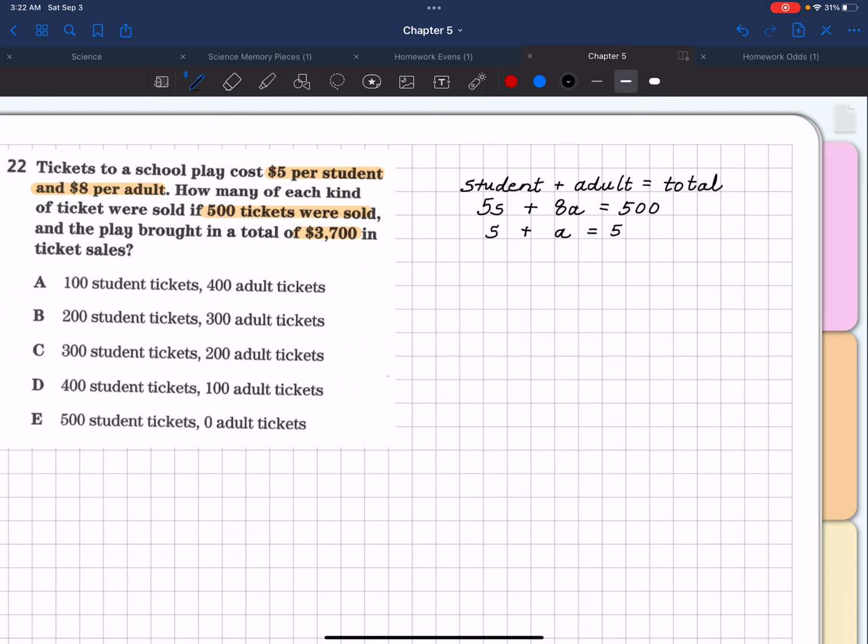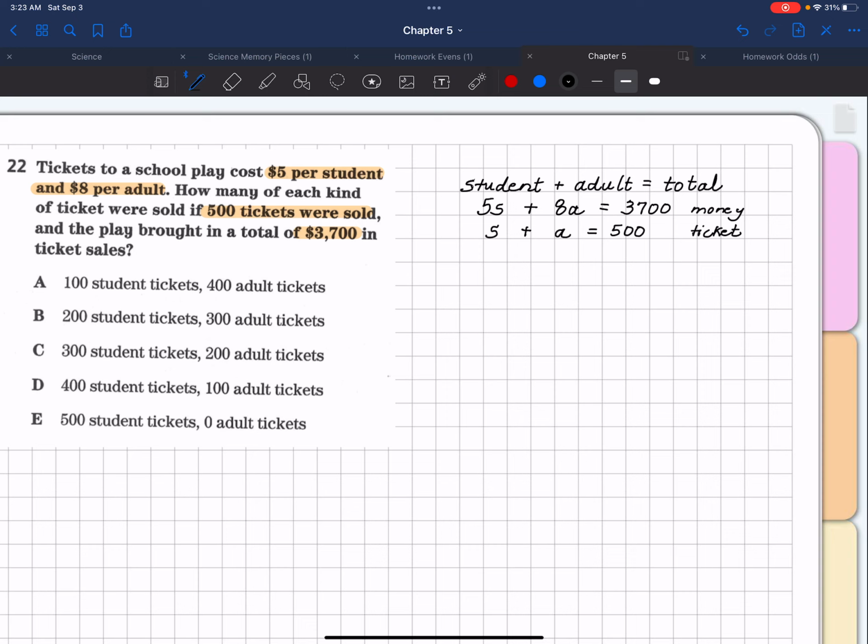Excuse me, I have this backwards. The money goes with the one that has the prices. So let's put our 3,700 up here, because this is all talking about money total, and then this is just talking about ticket total. Okay, there's our system.